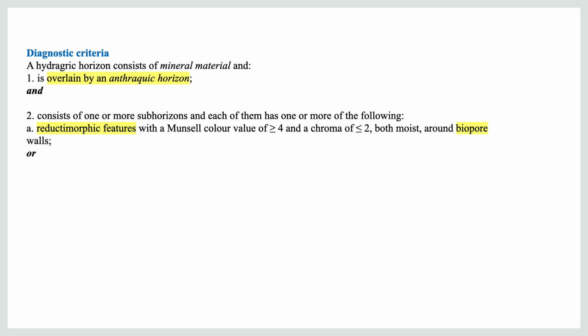Features that express destruction of iron oxides. And we need to present, in this case, a value equal or higher than 4, and a chroma equal or below 2, both moist and close to biopore walls.